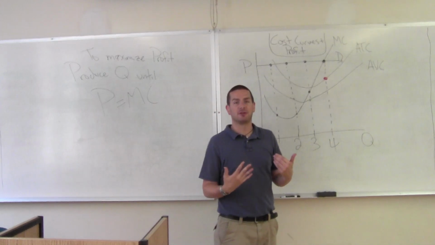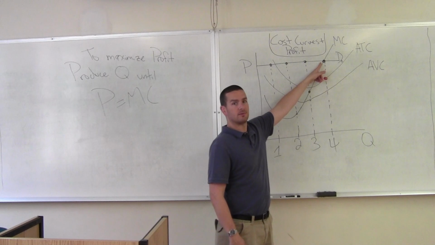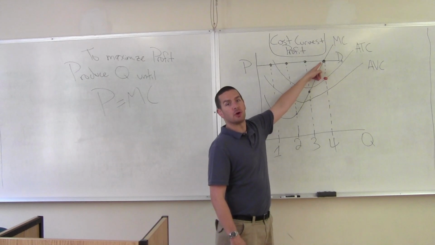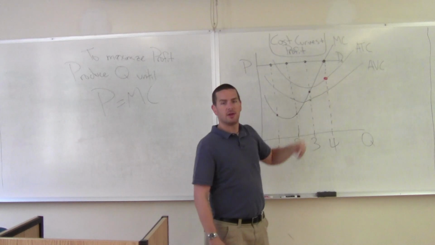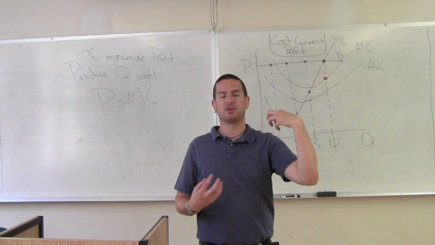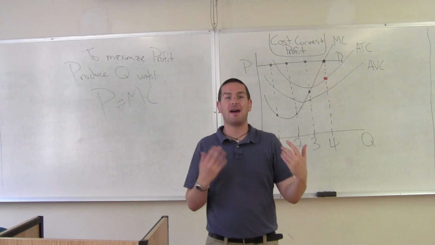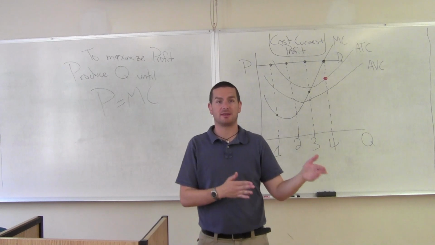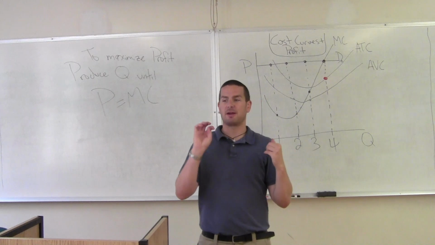So if your average revenue is up here, and your average total cost is down here, that means on average, your revenue is greater than your costs. On average, per unit, the amount of money you took in is greater than the amount of money you had to shell out.